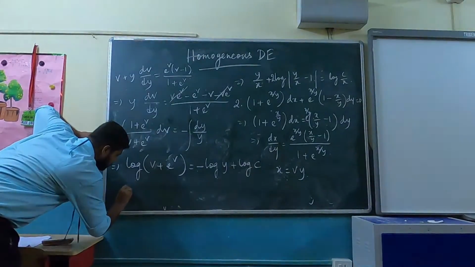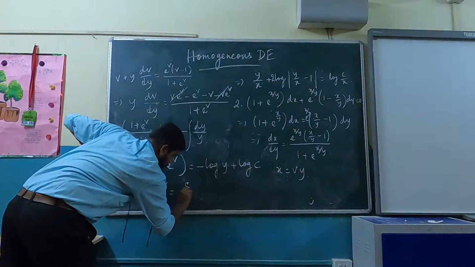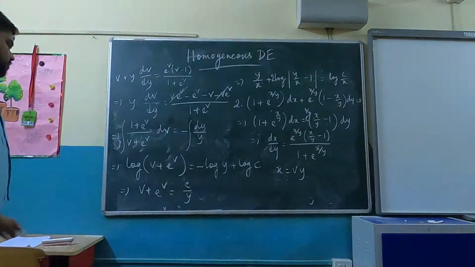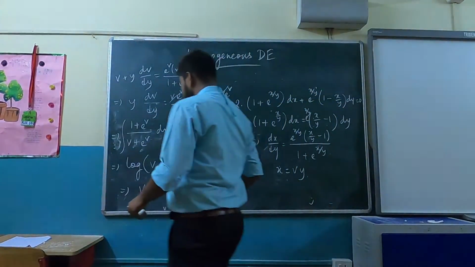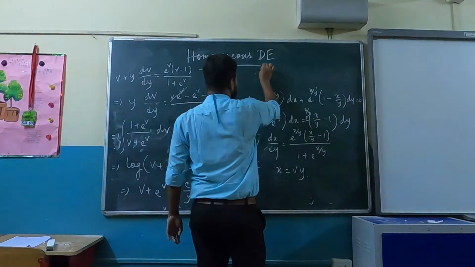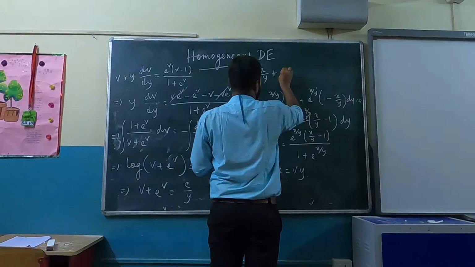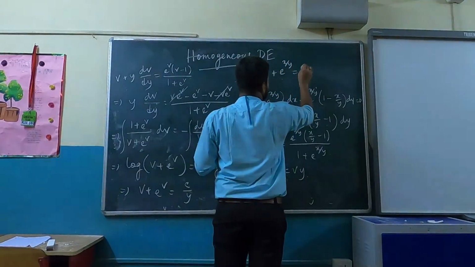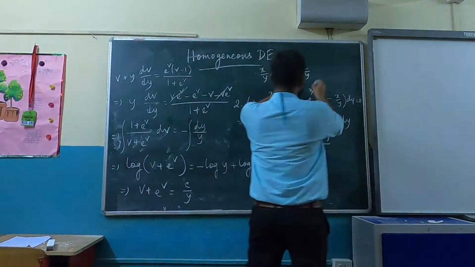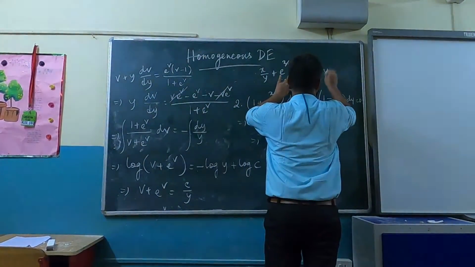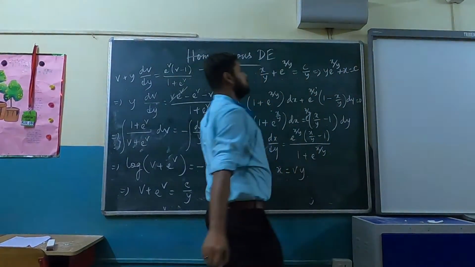So therefore, v is your x by y, so this is x by y plus e to the power x by y is equal to c by y. If you multiply by y, then it is this.